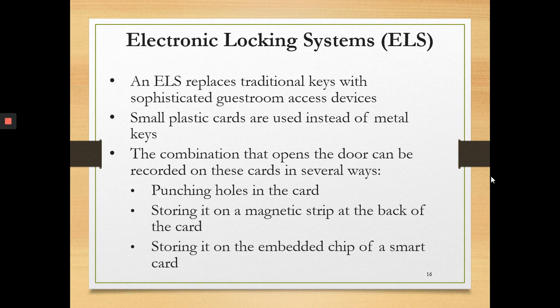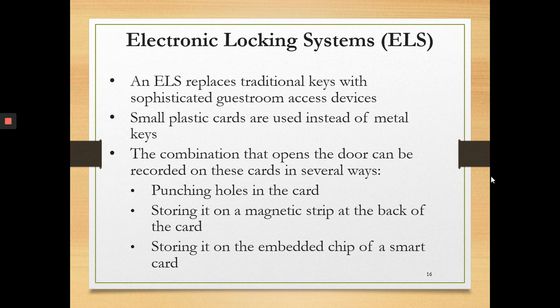And we can record all this data, such as how long the guest will stay, the room number, and the guest's name. All this data will be recorded on this card using a code which can be read by punching holes in the card, punching a certain design on the card.